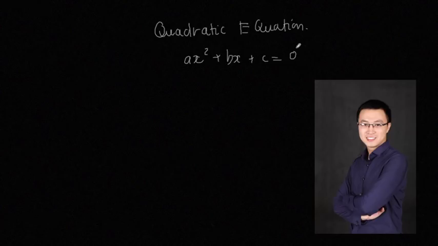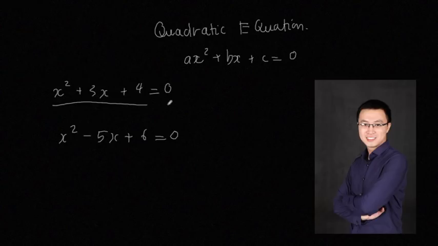In this video we focus on equations with positive numbers for a, b, and c, like in this equation. In the next video we will learn about positive and negative coefficients in the quadratic equation.